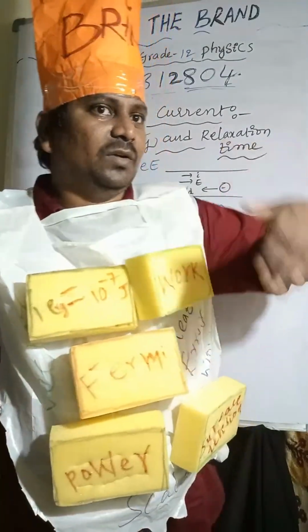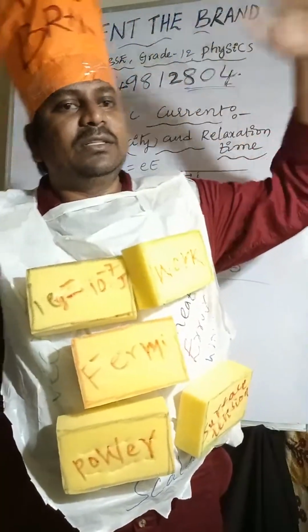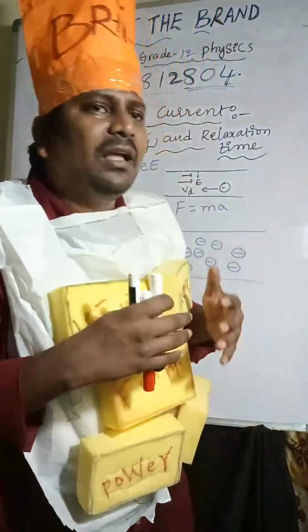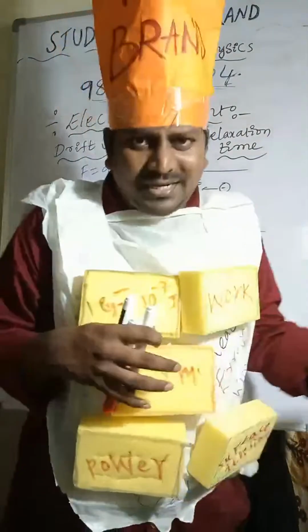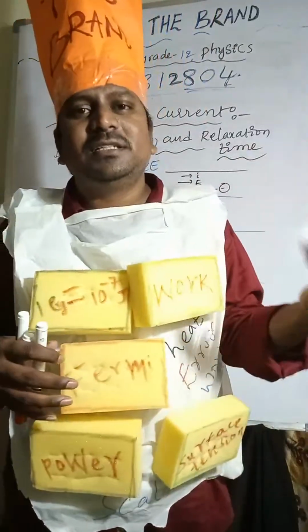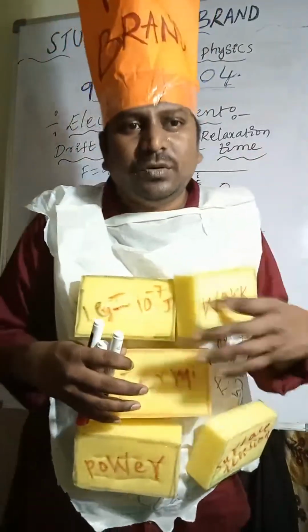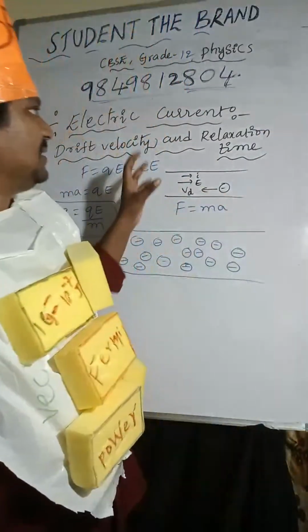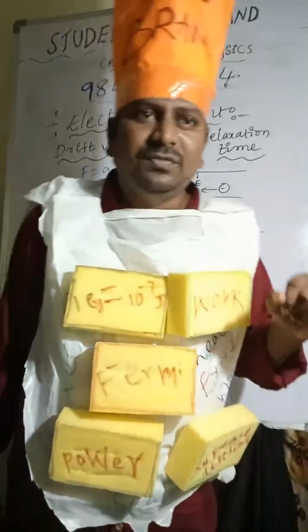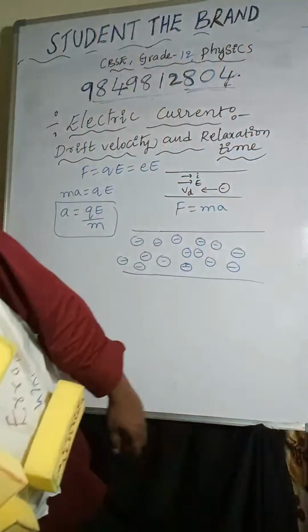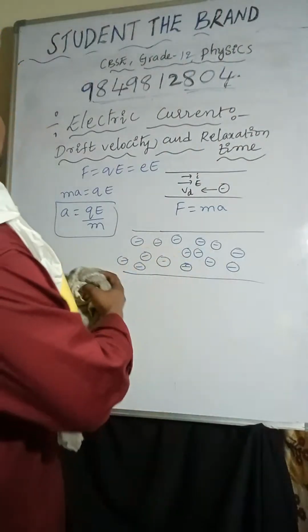We can't take one collision and then the 10th or 20th or 30th collision. We have to take one collision and immediately the next one. So the average time gap between two successive collisions is known as relaxation time. So that is about drift velocity and relaxation time. I hope it is very clear, right? Yes. Now next one.